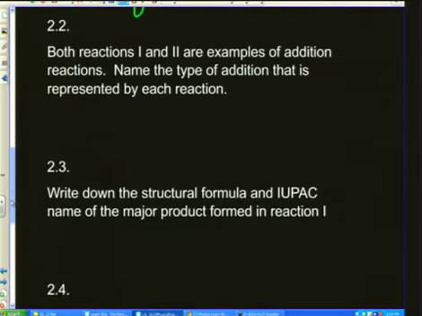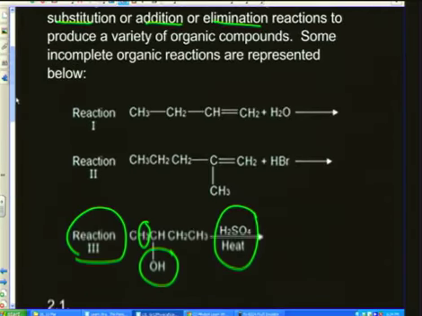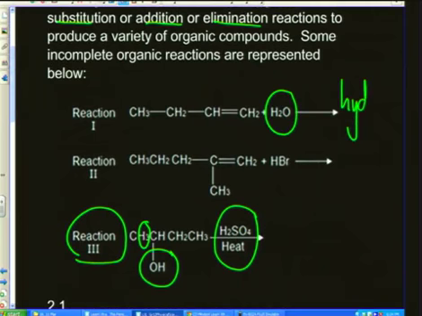Good. Move on. Both reactions 1 and 2 are examples of addition reactions. I've told you that. Name the type of addition that is represented by each. So let's go back to it and have a look at it. What are we adding? In this case, we're adding water. If we're adding water, then it's hydration.